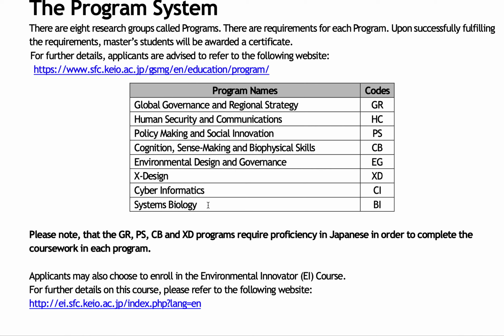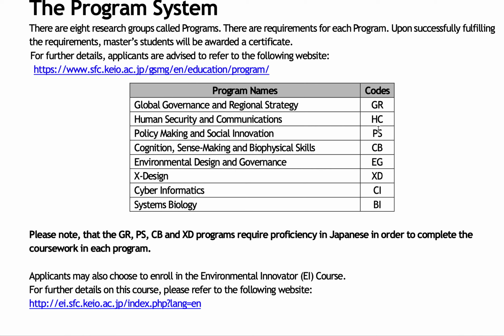But our students in Yonsei Gsis, their academic interests were mainly centered in global governance or human security and communications. Yeah, these two programs, GR and HC, are suitable for our students in Yonsei Gsis.